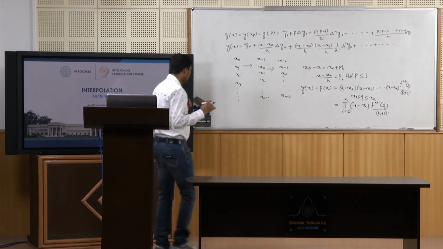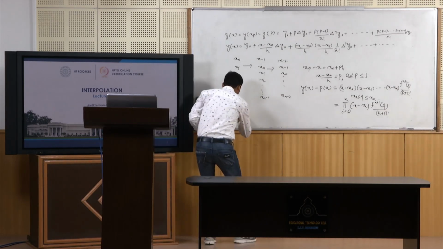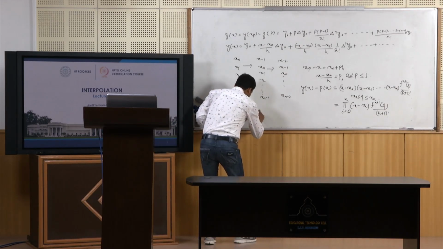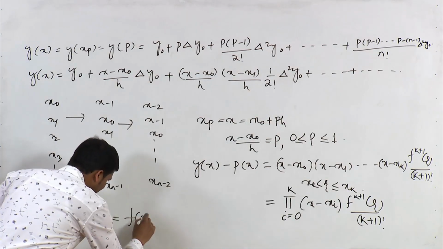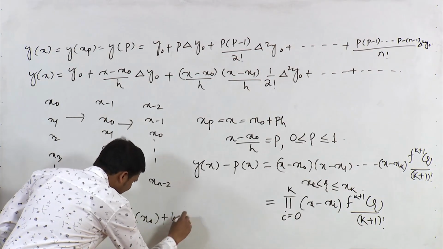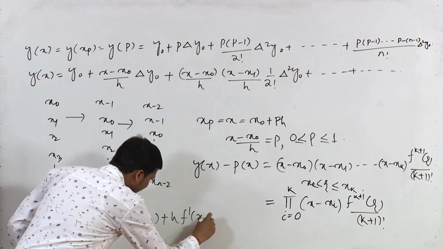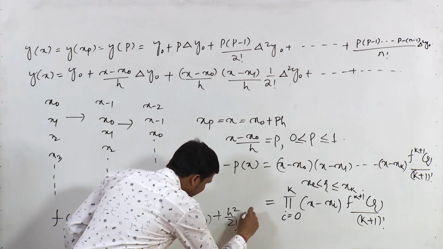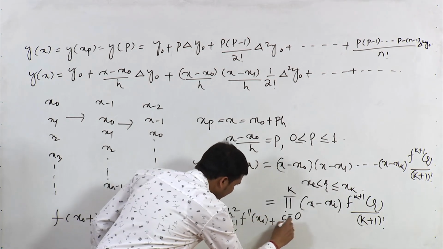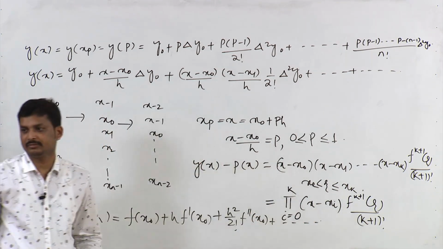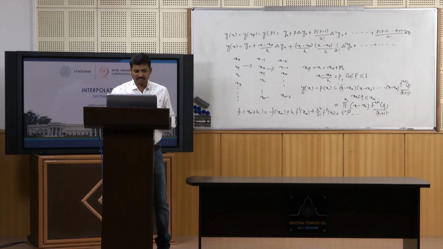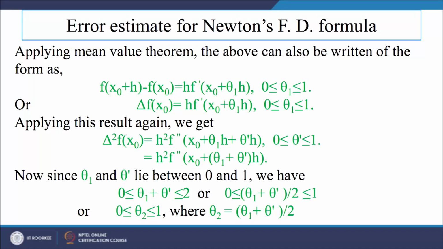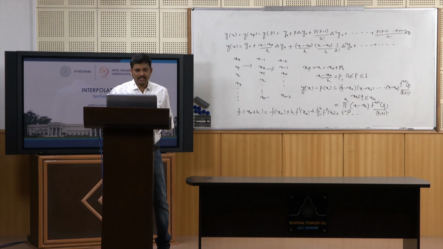That is in the form of f of x0 plus h, which can be written as f of x0 plus h f dash of x0 plus h square by 2 factorial f double dash of x0 plus all other terms.